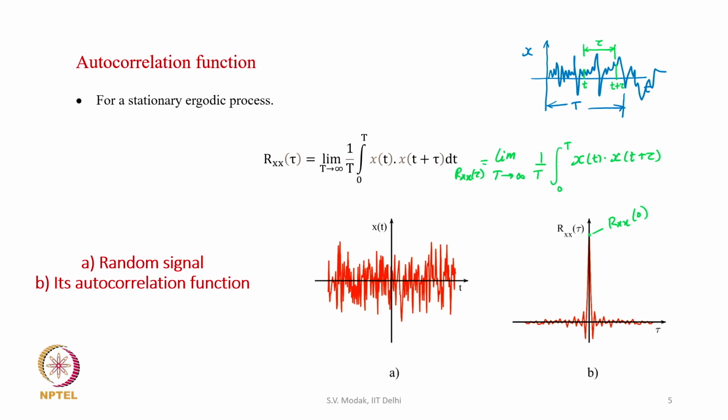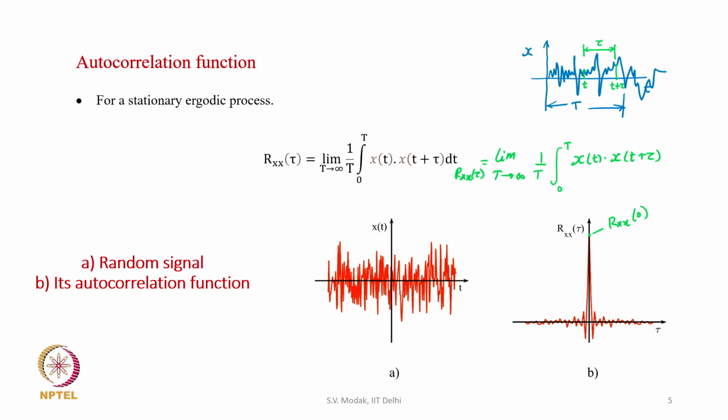That is expected because if the time lag between the samples is 0, then we are finding the similarity of a sample with itself. So, all samples are perfectly correlated with themselves, and that is why the autocorrelation function is maximum for tau equal to 0. But when tau is non-zero and increased, then what happens?